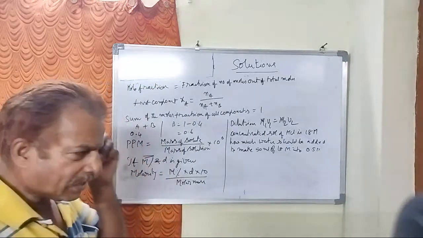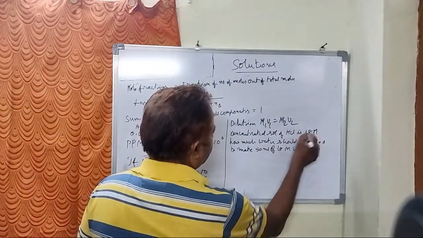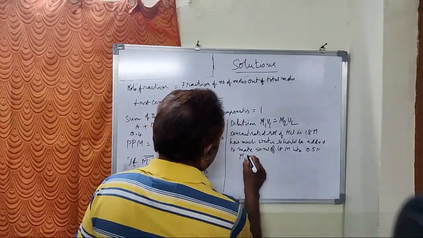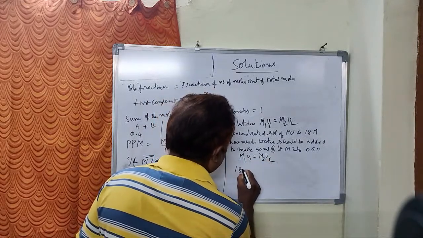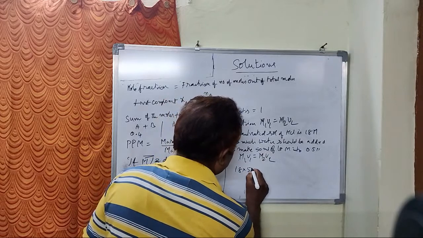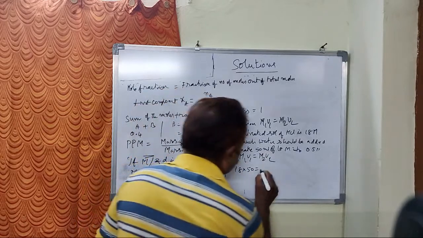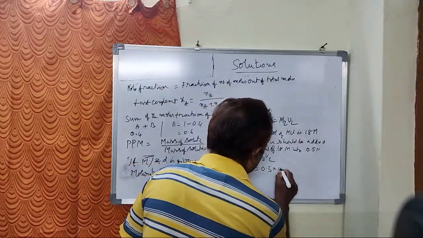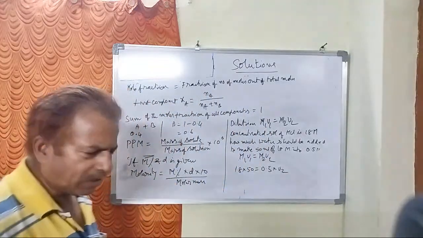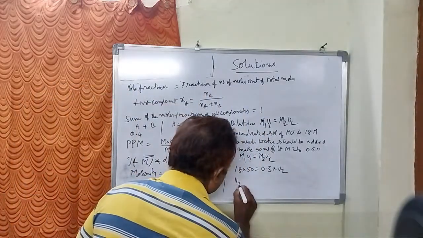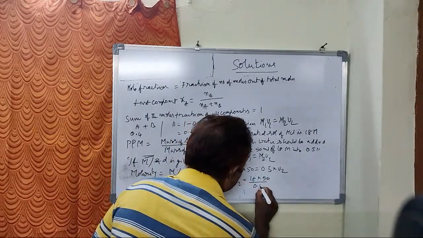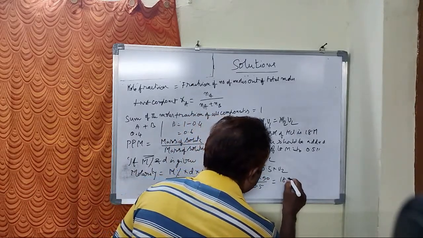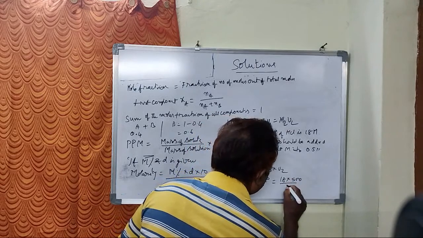So here M1 is 18, M1 V1 is equal to M2 V2. M1 is 18, given volume is 50 ml, equal to M2 0.5 into V2. V2 we have to find. So V2 equal to 18 into 50 by 0.5. This is nothing but 18 into 500 by 5.